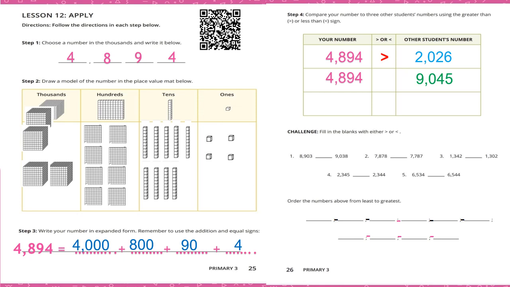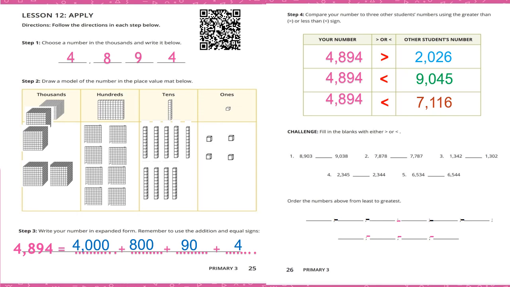Which is greatest? Sure, 9,000. The last number, 7,116. Which is greater, 7,000 or 4,000? 7,000.